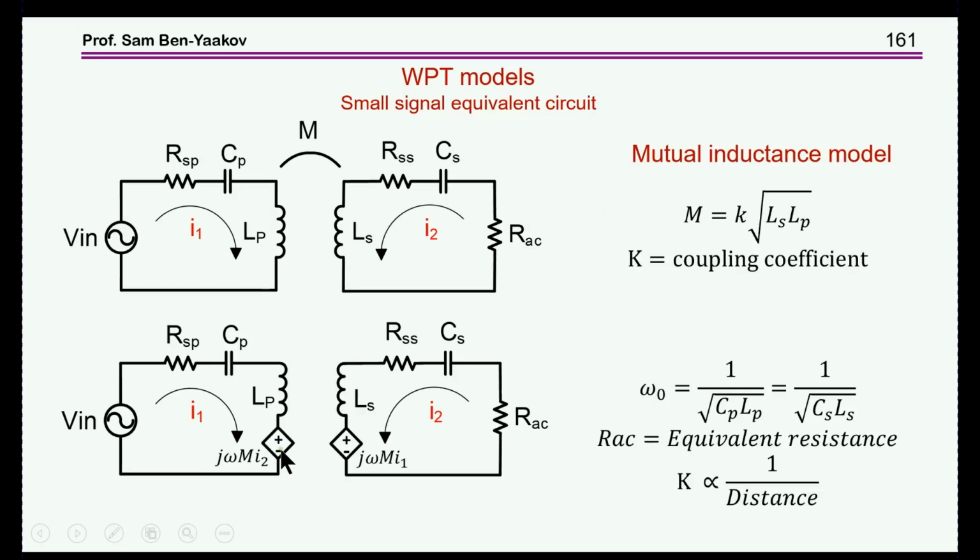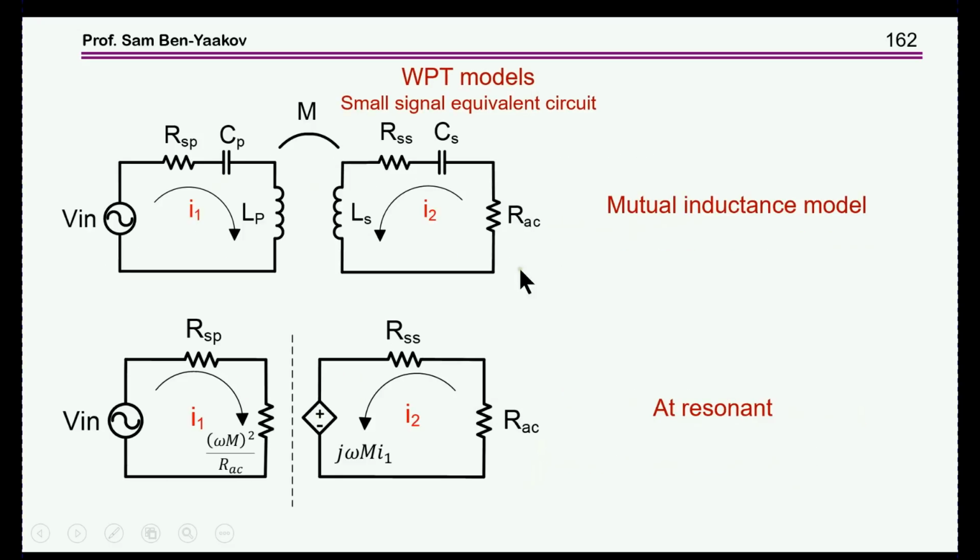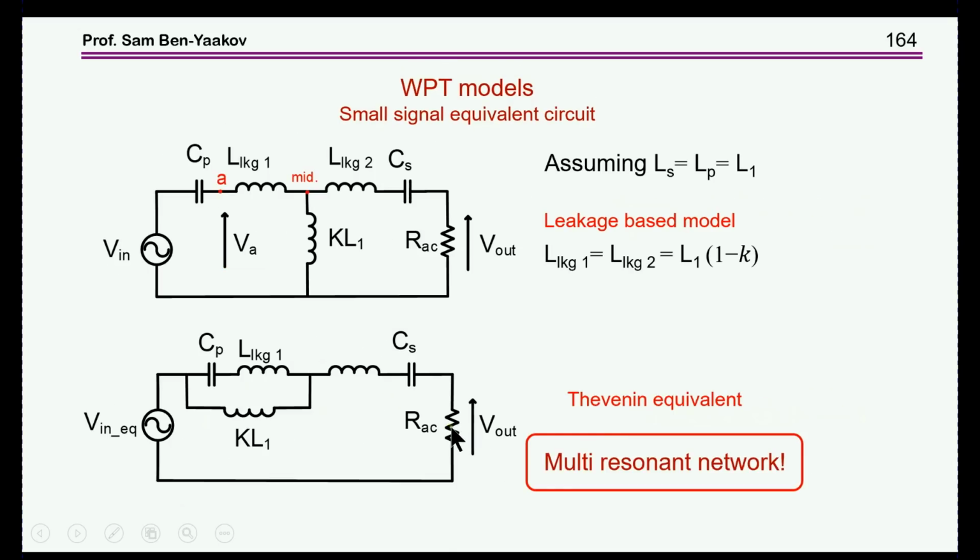That is, in many systems today, people are actually introducing here a DC to DC converter to change the impedance of the load so that when reflected to the primary will give you the optimum result in terms of power and efficiency. Okay?